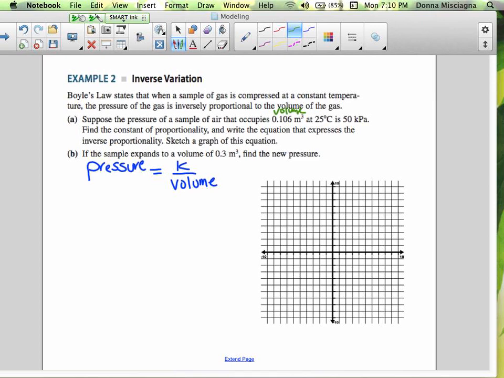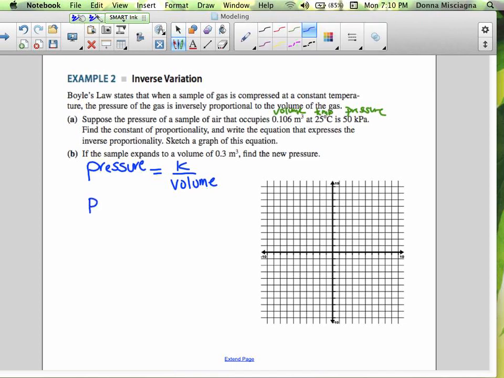This here is temperature. And this is our pressure. Now temperature here won't play a part in this particular equation. That just happens to be some information. So find the constant of proportionality and write the equation that expresses the inverse proportionality. Sketch a graph of this equation.